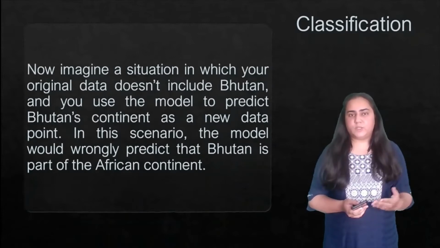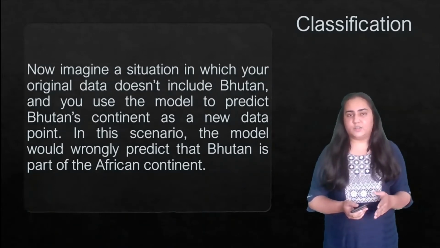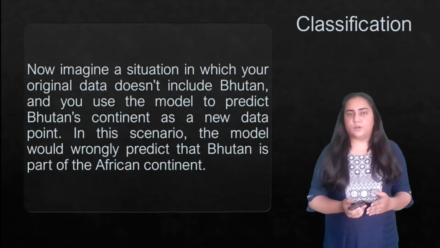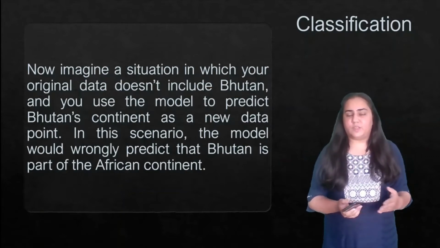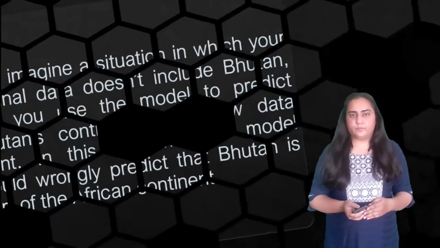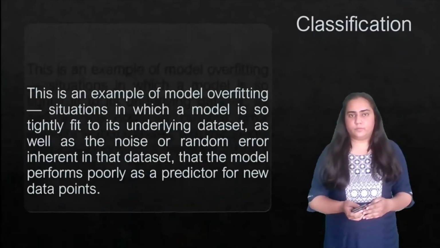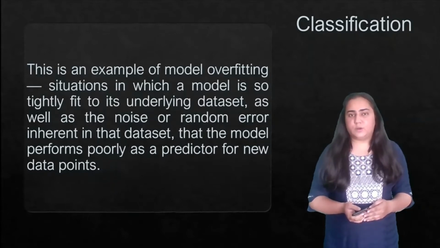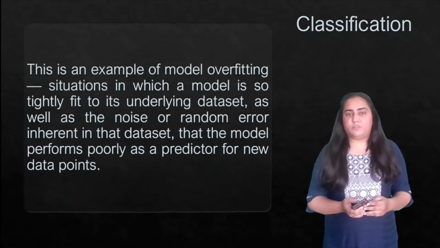Now imagine a situation in which your original data doesn't include Bhutan, and you use the model to predict Bhutan's continent as a new data point. In this scenario, the model would wrongly predict that Bhutan is part of the African continent. This is an example of model overfitting, situations in which a model is so tightly fit to its underlying dataset, as well as the noise or random error inherent in that dataset, that the model performs poorly as a predictor for new data points.